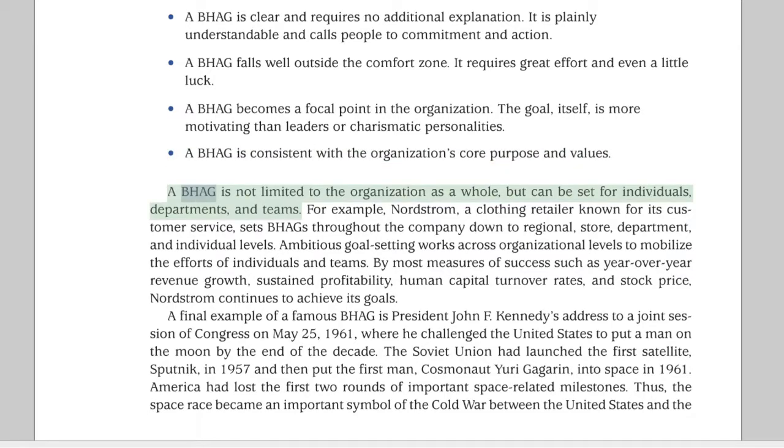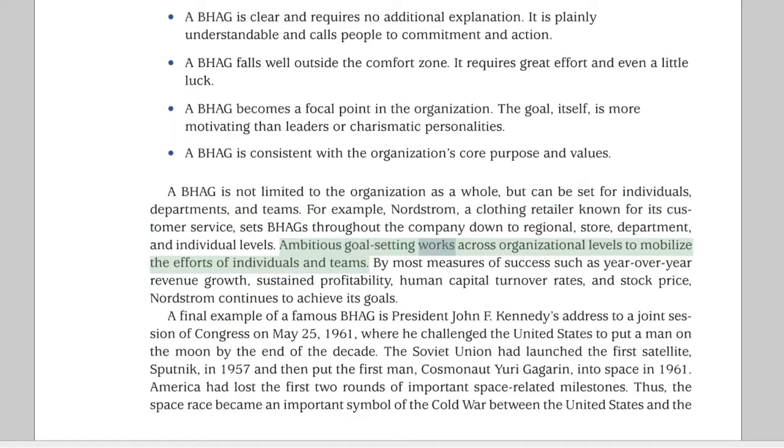A BHAG is not limited to the organization as a whole, but can be set for individuals, departments, and teams. For example, Nordstrom, a clothing retailer known for its customer service, sets BHAGs throughout the company down to regional, store, department, and individual levels.